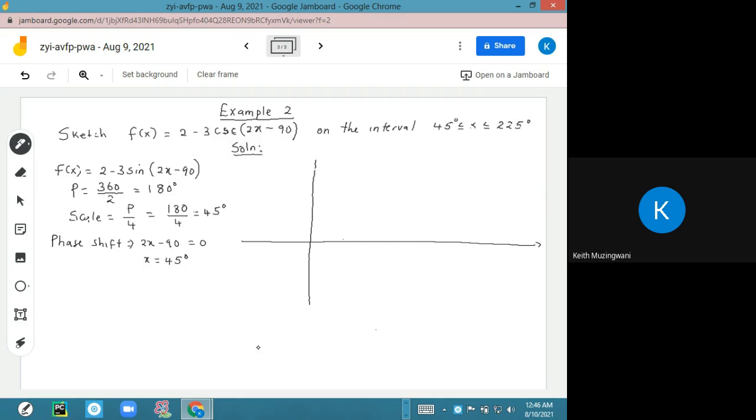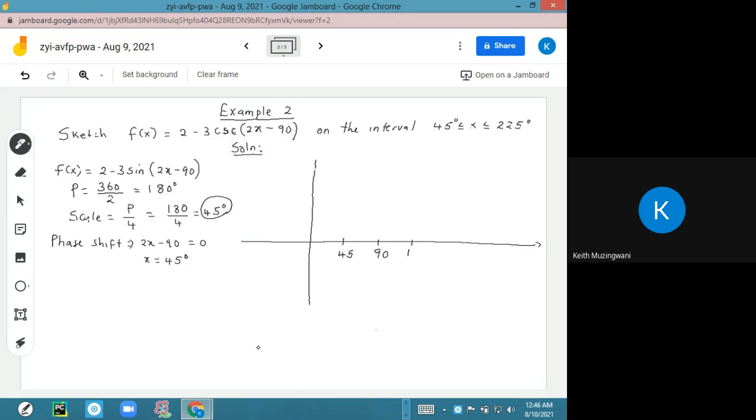Then sketch, starting from the horizontal shift, 45 degrees. So from 45, you add the scale. What is 45 plus 45? It is 90. What is 90 plus 45?